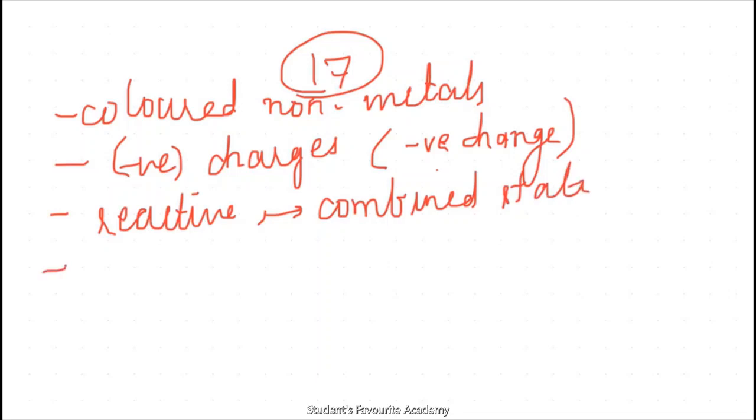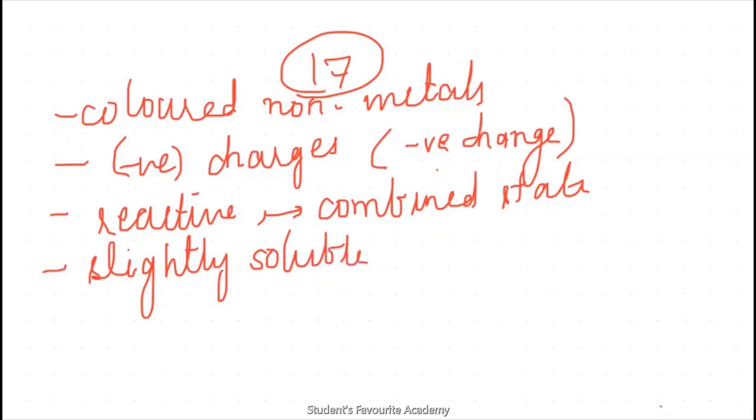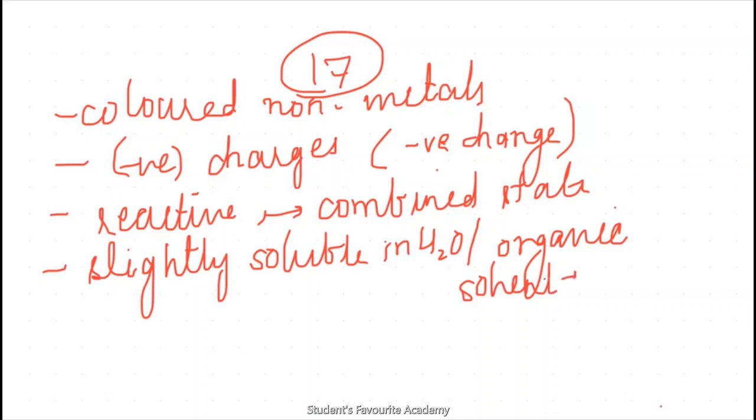Now if I move to the fourth property, we'll see that it is only slightly soluble in H2O, but it is very nicely soluble in organic solvents. So you will write that in organic solvents it is fully soluble.